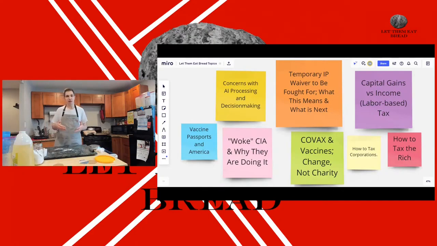This is another method by which the workers can fight back against the capitalist class and bring real democratization to the economy, which is to tax passive income much higher than it is now, at least as high and preferably higher than labor income tax rates.